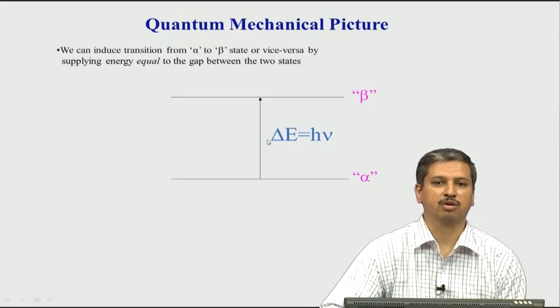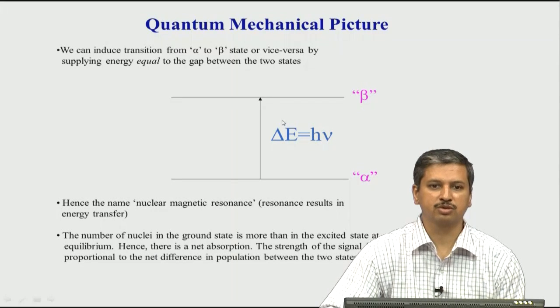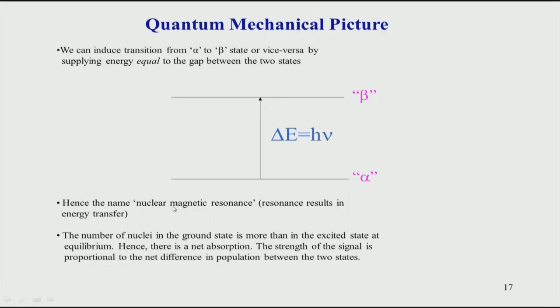Now you take the molecules in the ground state and excite them by applying an energy equal to the difference in the energy levels, that is delta E, and take them to the excited state, and that is called resonance. This is the whole idea of nuclear magnetic resonance, hence the name NMR.